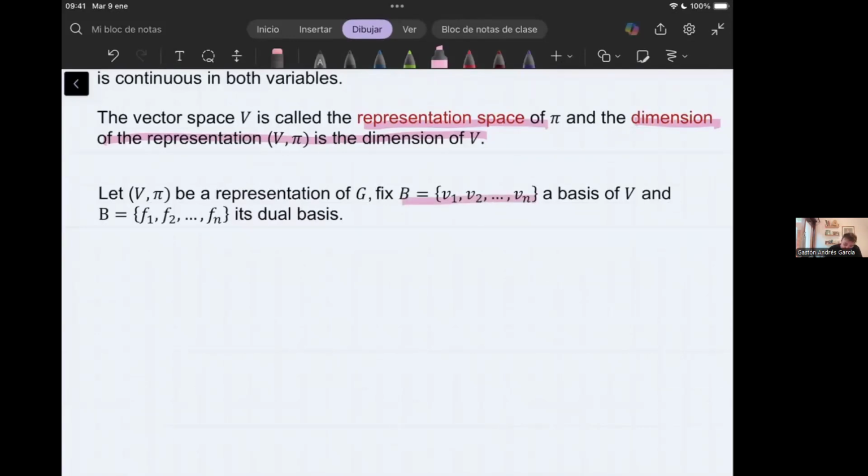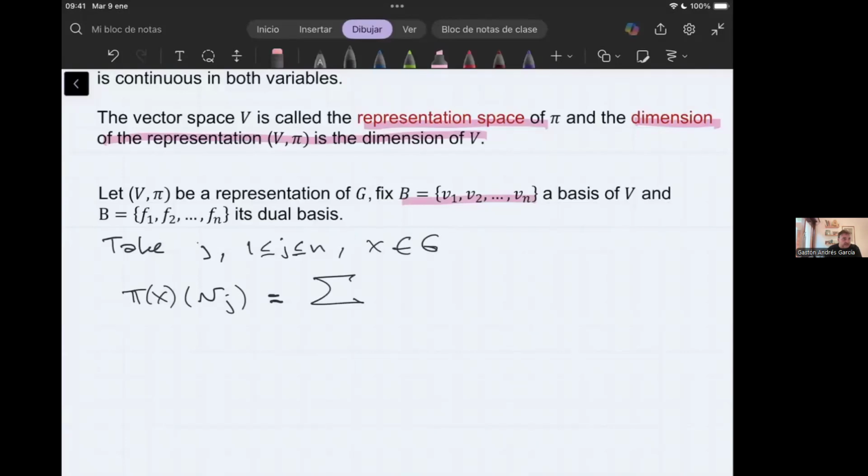So we pick an element of the basis: take j between 1 and n, so let's take b_j. If we take b_j and we act by an element x in G, then this element is clearly a linear combination of the elements of the basis, okay?